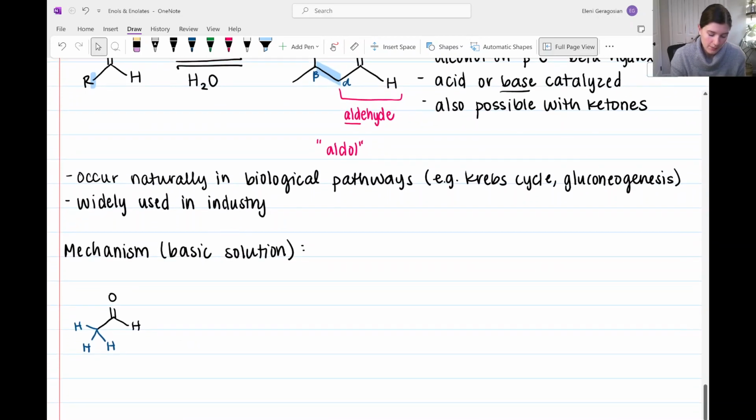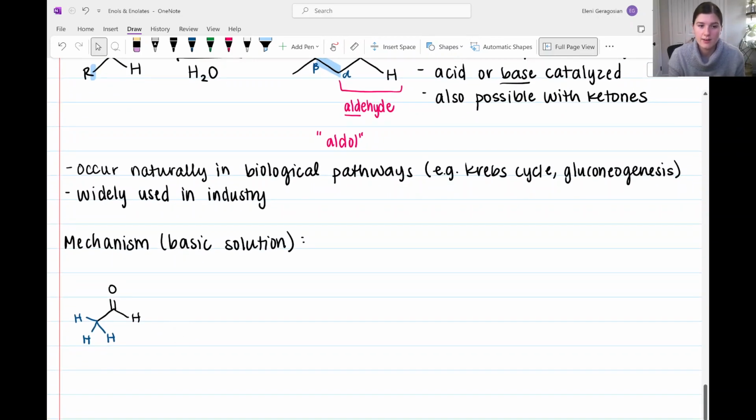So the first step, we look at our aldehyde exposed to basic solution with OH minus from sodium hydroxide. We will remove an alpha hydrogen. So the first step is a hydrogen or proton transfer, and this is just forming the enolate ion.